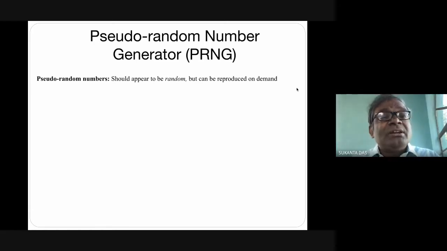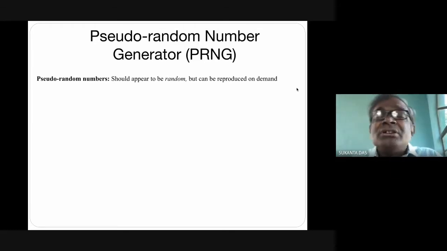But since you are generating numbers by means of a deterministic algorithm, from the previous numbers you can always predict the next number. So any algorithm cannot generate random numbers, but it can generate numbers which appear to the users as random. So we call them pseudo-random numbers.